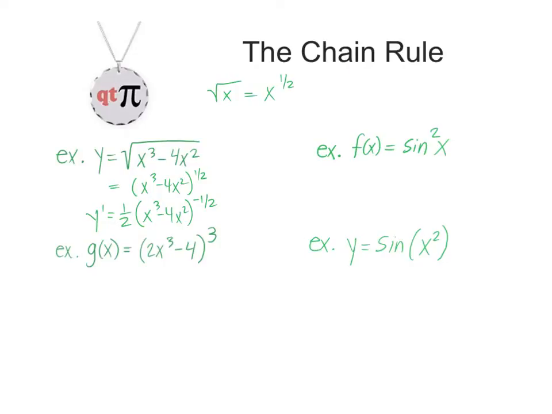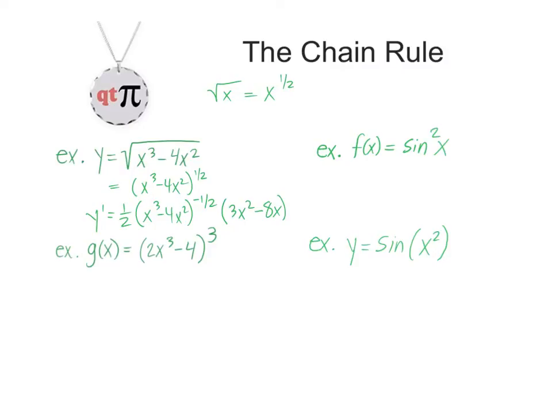The chain rule says we have to multiply to the end of this expression the derivative of the inside stuff, the derivative of the guts, 3x squared minus 8x. And this is the derivative of this function, square root of x cubed minus 4x squared.